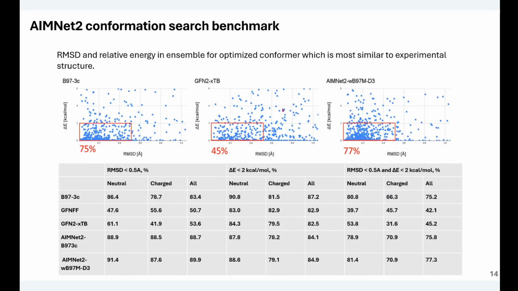Things within red rectangles represent the match. Each point is a conformational ensemble, and it shows if it is close to experimental and low energy, then we have the match, and it's within this red rectangle.